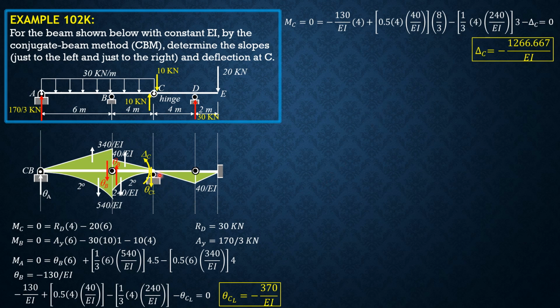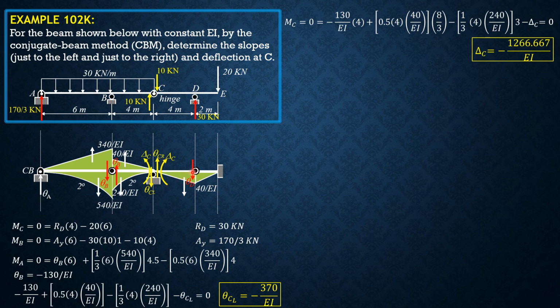Then we consider C right and D. So that's theta C right, positive assumption. Same delta C, because that's a hint, the deflected shape will be continuous, so same delta C. Then we have theta D, the force, and theta D. There's no need to transmit it because we only need theta C right.